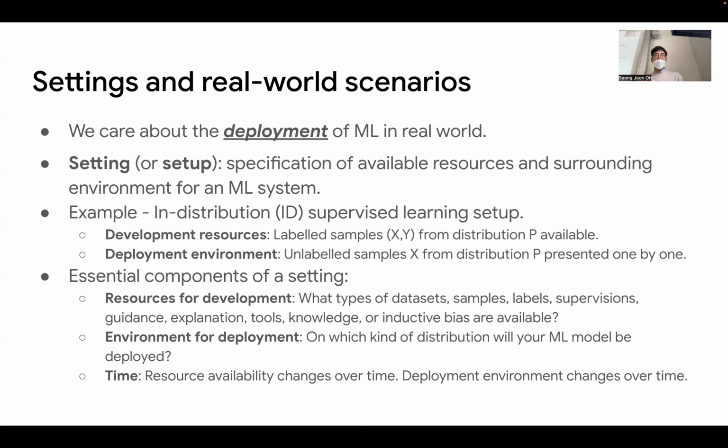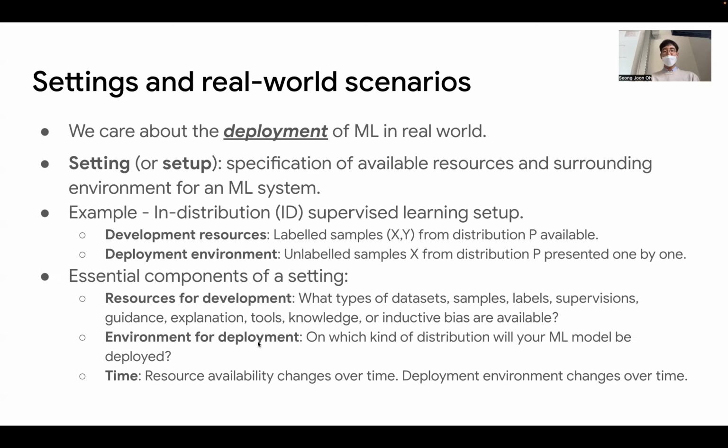You can also say machine learning engineers are resources for development. They have their own knowledge to optimize your machine learning model in the right way. And if you have better engineers who have better intuition of what's the right thing to do, then you can train your model more quickly. That's also part of your resources.